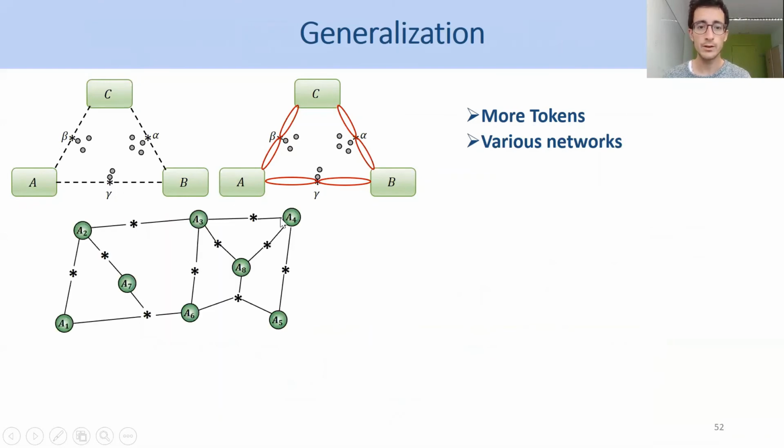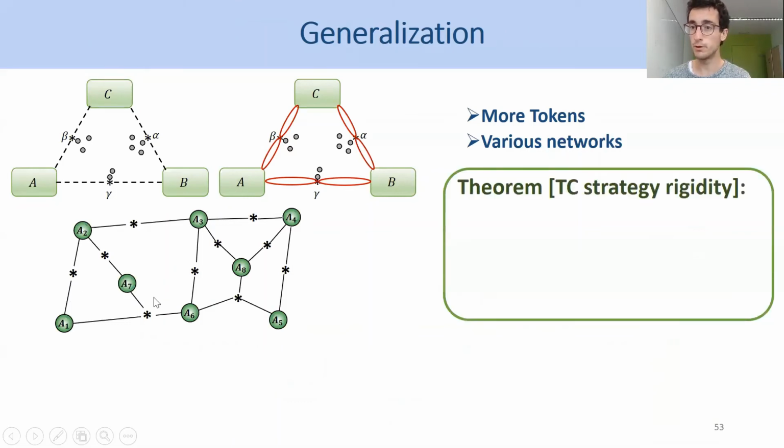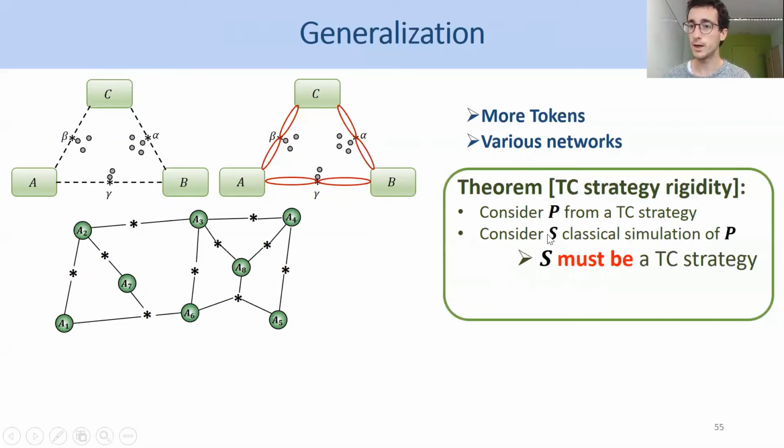If you look at a network which looks like this, with many tokens for each source, we are able to prove the same theorem. So consider in this network, with some given number of tokens for each source, a probability distribution coming from a token counting strategy. Consider a classical simulation of it. This classical simulation must be a token counting strategy.